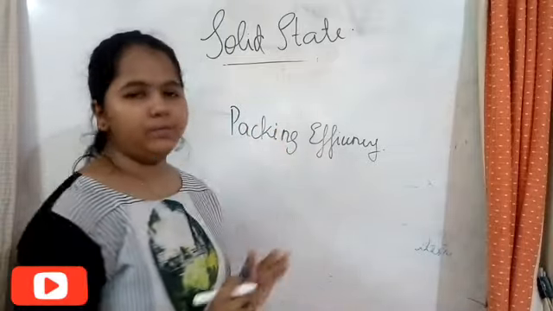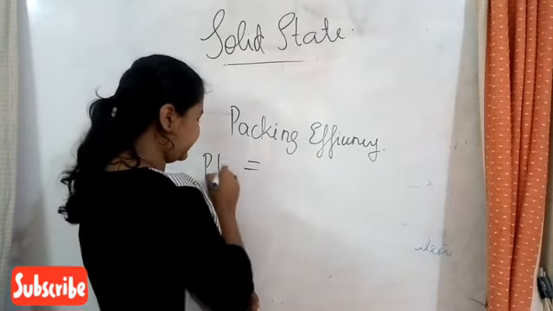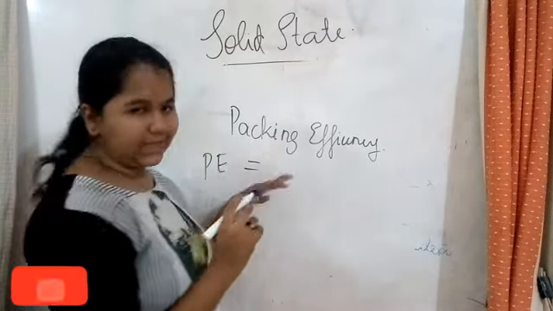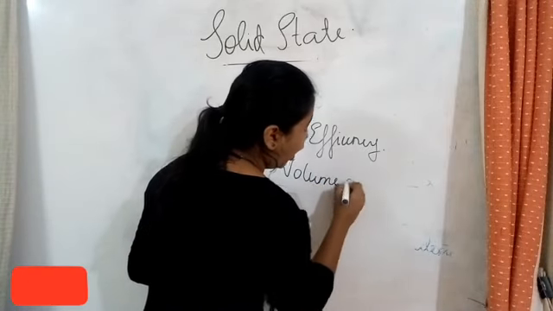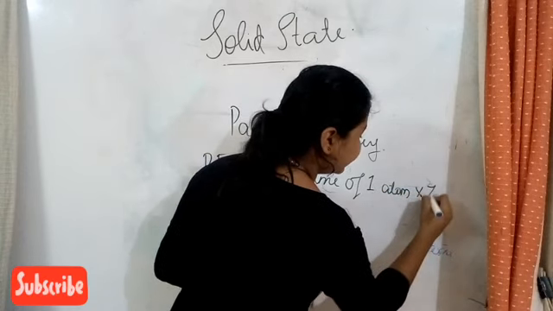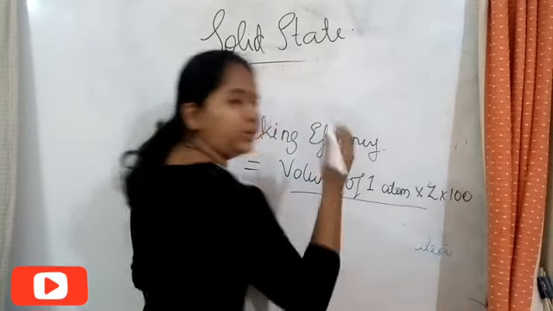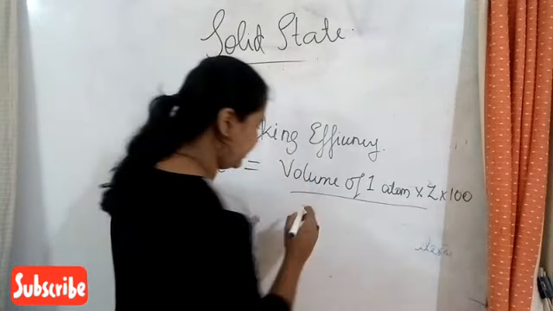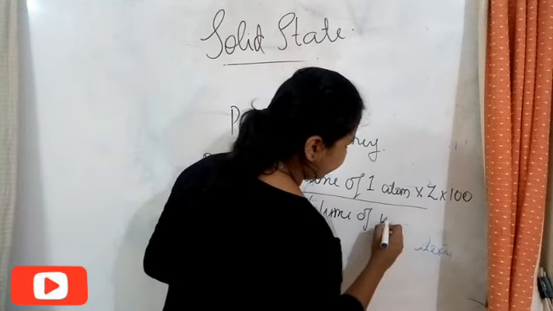So what is the equation? We'll write packing efficiency as PE. PE is equal to volume of one atom into Z into 100 divided by the total volume of the unit cell.